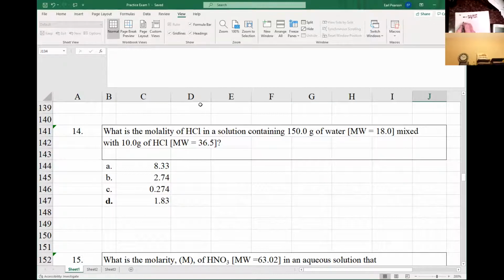Okay, so let's go plug in the data. And the data we're given is 150 grams of water, and we are given 10 grams of HCl. Molecular weight here is 18. Molecular weight here is 36 and a half. I've got all the data over here now. If I make that a little bigger for you, then we can work the problem.